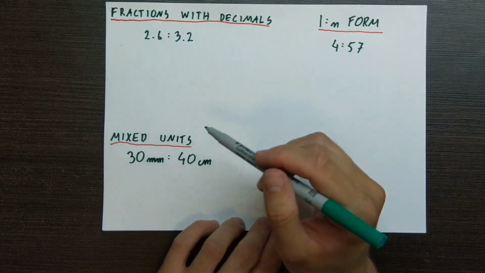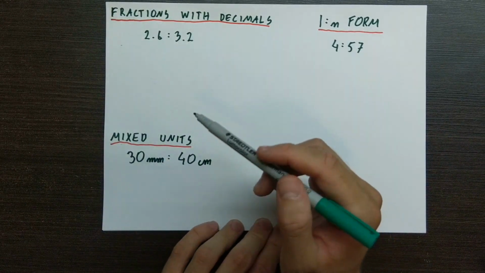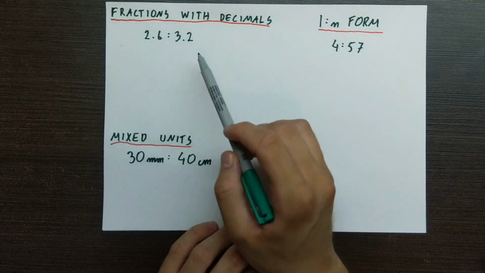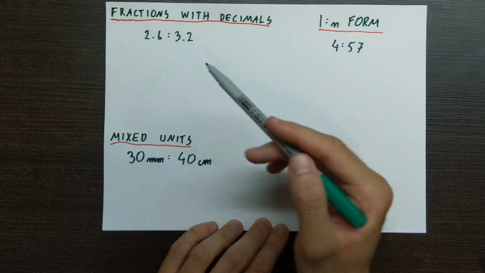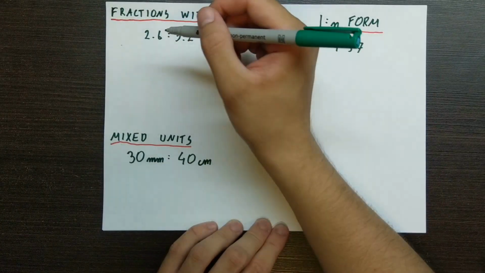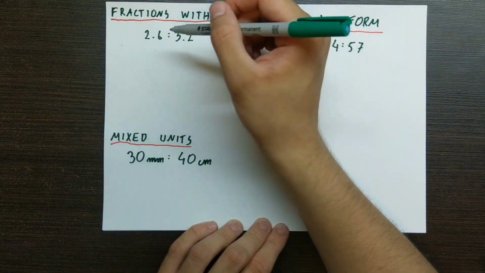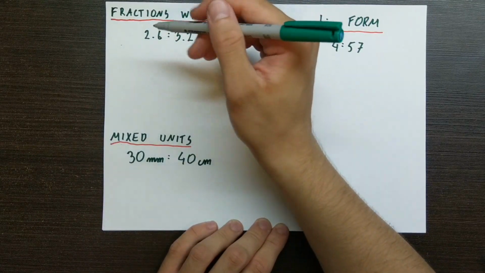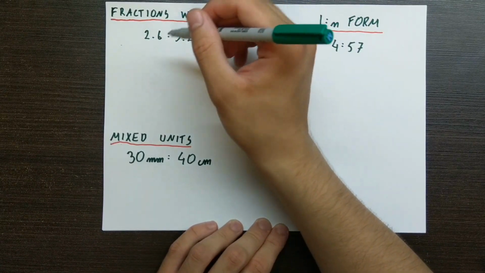Well, in this case we have 2.6 and 3.2. How do we deal with that? Okay, so the same way we can divide to shorten and we can multiply to expand. That works every time.